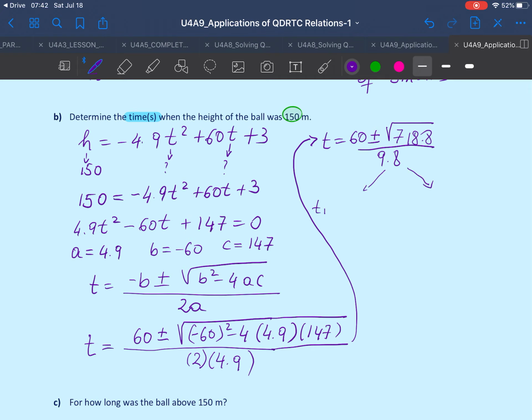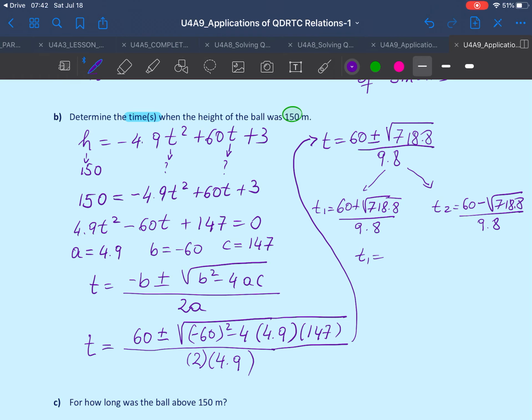So there are two possible values, so we're going to say t1 is 60 plus the root of 718.8 divided by 9.8, and t2 is 60 minus the root of 718.8 divided by 9.8. So we're going to calculate them separately.